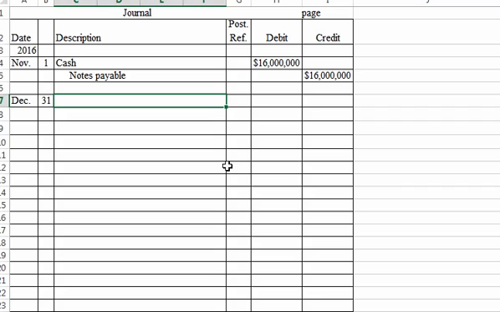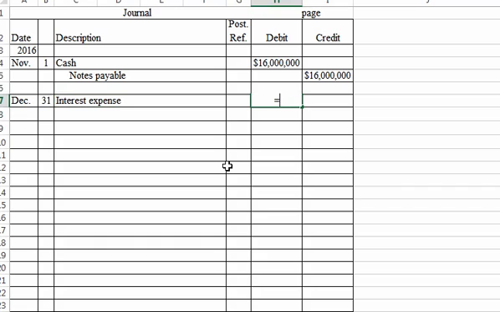And the face amount and interest will be due all at one time. But by December 31st, Quantum Technology has incurred some interest expense on this $16 million they borrowed. So we're going to want to debit interest expense for interest expense incurred by Quantum in 2016.